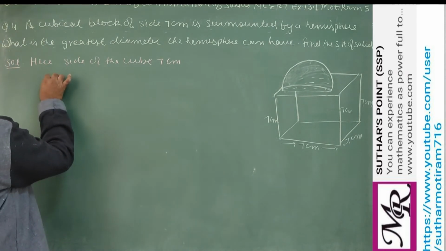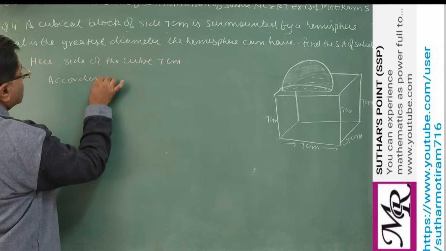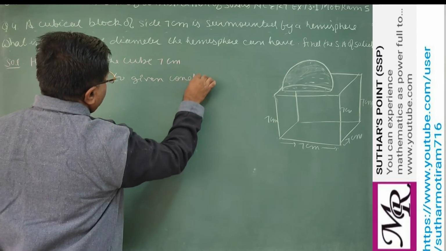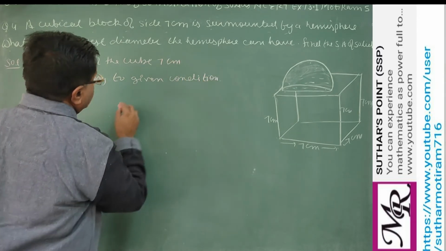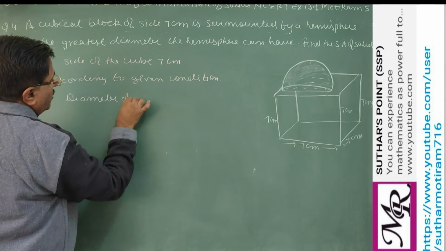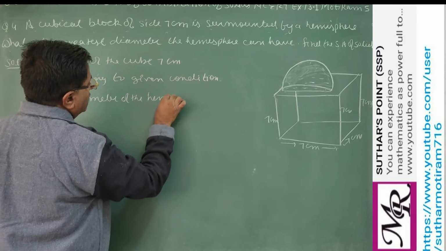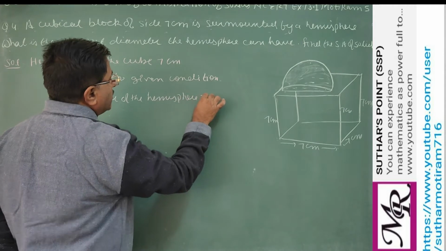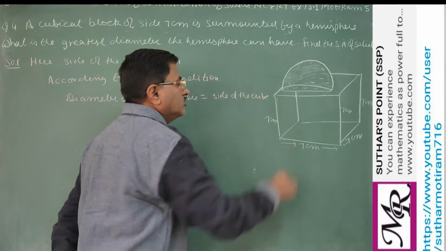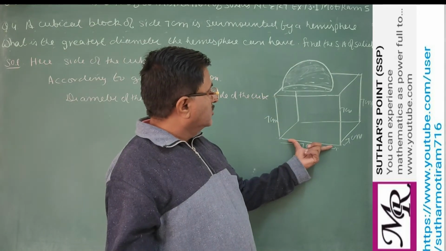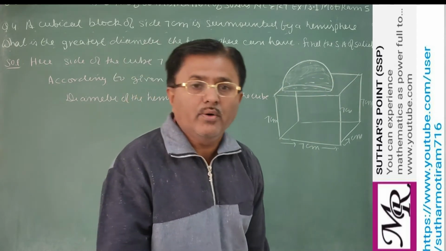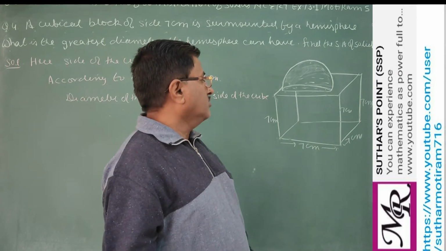So according to the given condition, we can say the diameter of the hemisphere will be equal to the side of the cube. Why? Because it is surmounted. So this side should be equal to the diameter, so that it can be completely surmounted or covered. This we have to take very carefully.